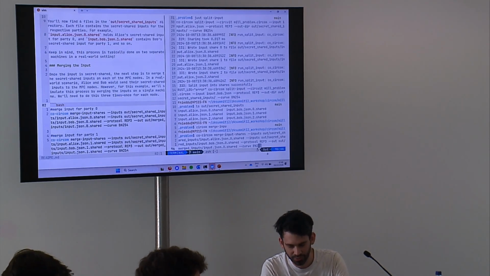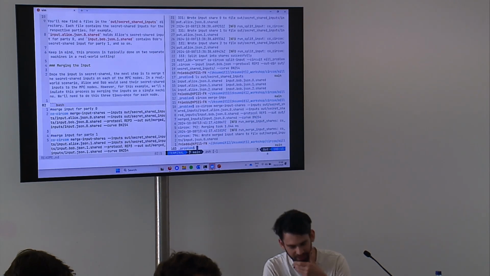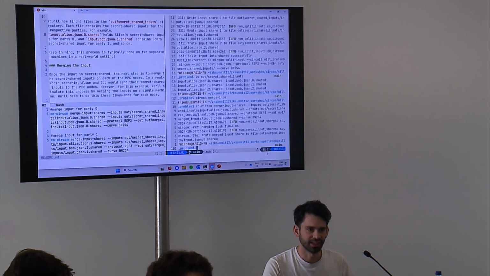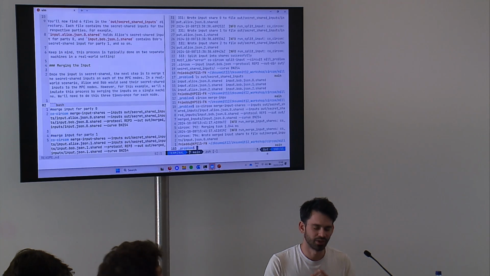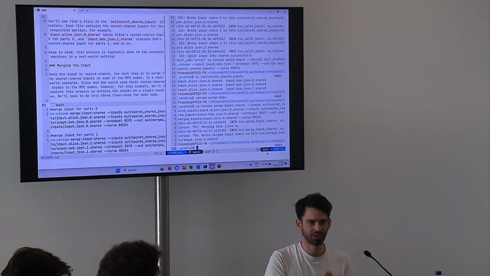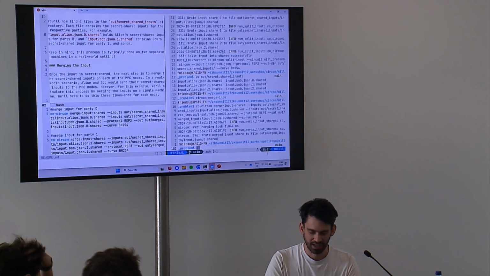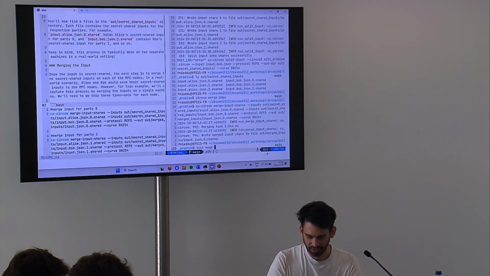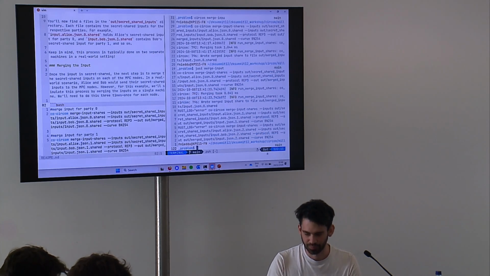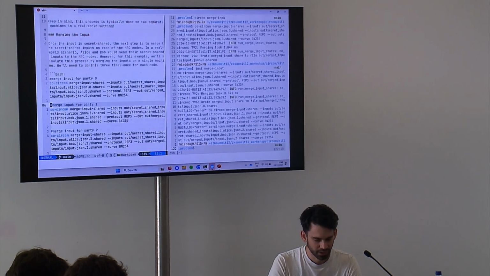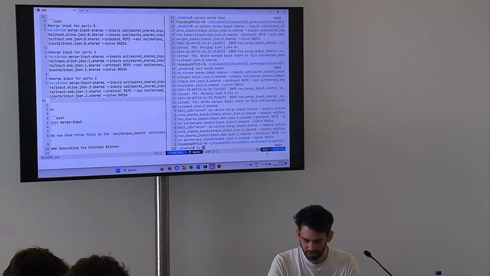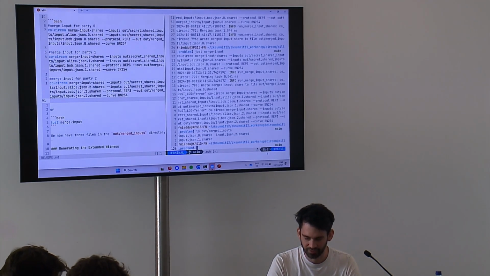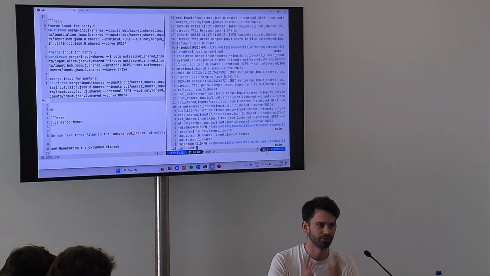I hope I didn't do a typo. That's done on 3 different machines now, on the 3 MPC machines. It's just something you need to do. It's not any complex stuff. It just merges the 2 files. I'm using the just command again so that I don't have to type everything. So now we have merged inputs. We have 3 merged inputs, 1 for each party.